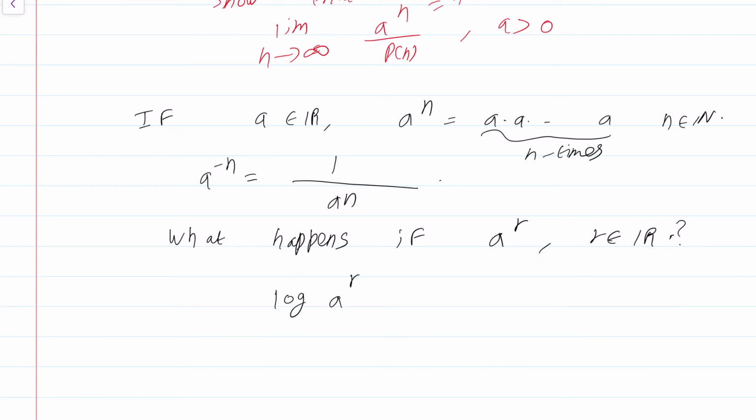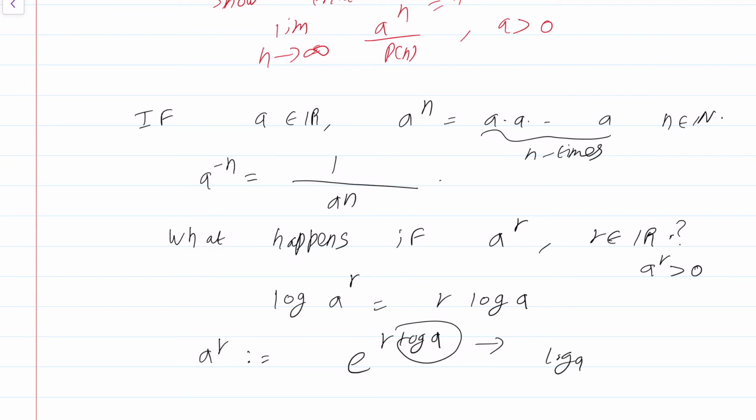You can do that whenever a power r is greater than 0. Whenever a power r is greater than 0, you can take log of a power r, and we know that this becomes r log a. Okay, so we can just reverse engineer and define a power r to be exponential of r log a. Okay, and this will make sense whenever log a makes sense. Okay, in other words, whenever a is greater than 0.